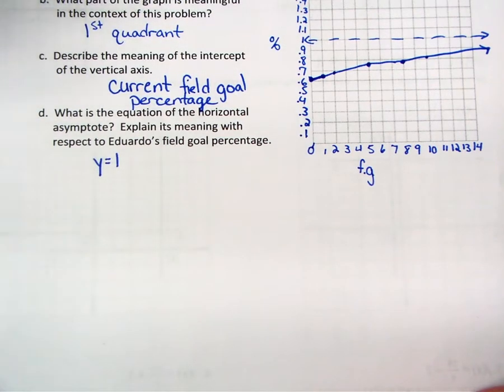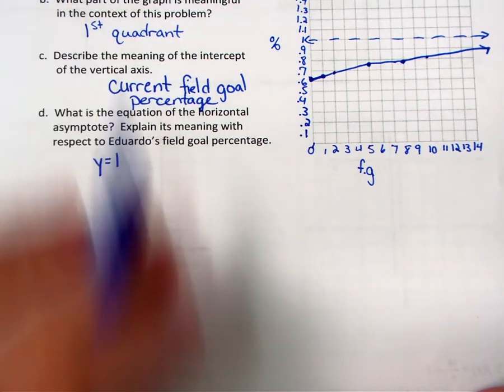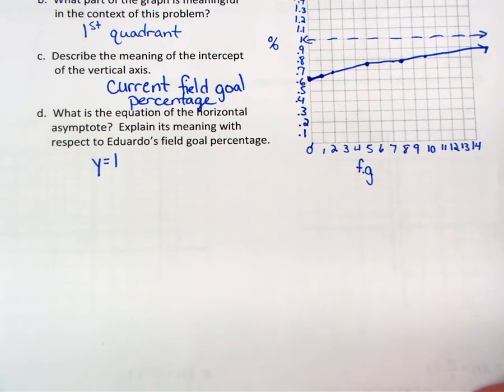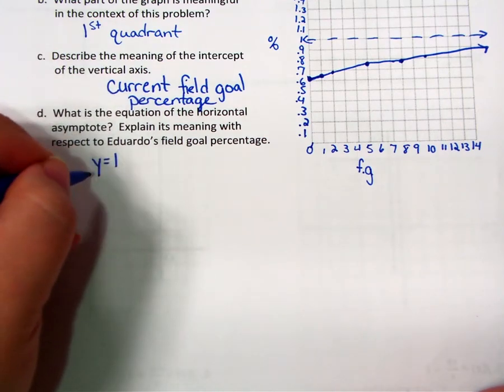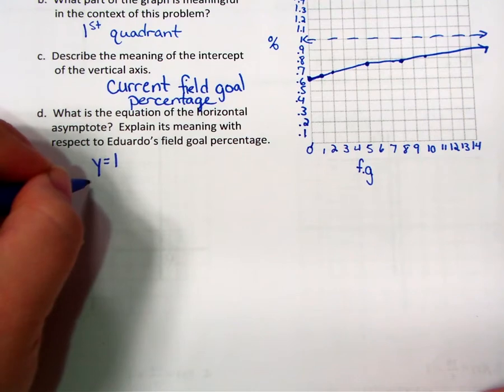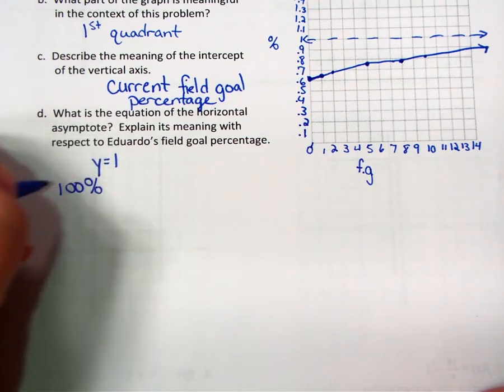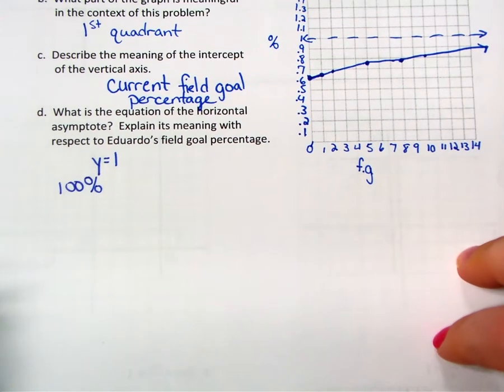He's already missed 4 field goals. So there's no way that his field goal percentage can ever be 100%. It'll get really, really close. If he makes 100 field goals in a row, it'll get really close to 100%, but it will never actually touch 100% or go above 100%. So the horizontal asymptote represents 100% field goal percentage, which you can't get because he's already missed 4 field goals.